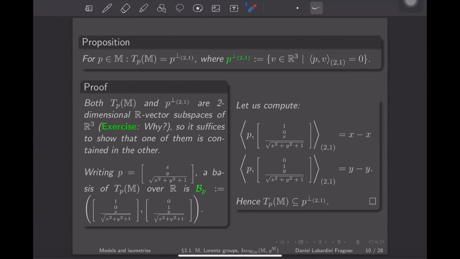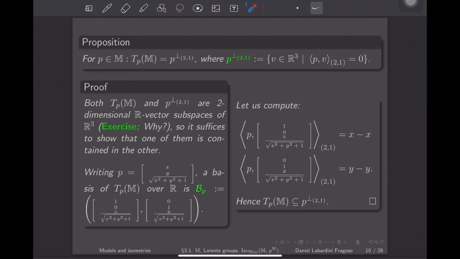What I want to give now is, for each such tangent plane, an inner product on that tangent plane, and that's pretty much in a nutshell what the notion of Riemannian manifold is.